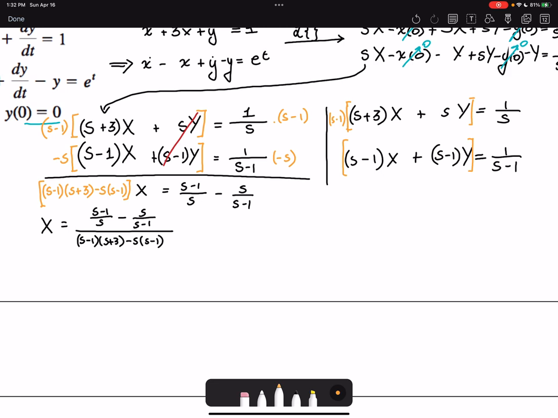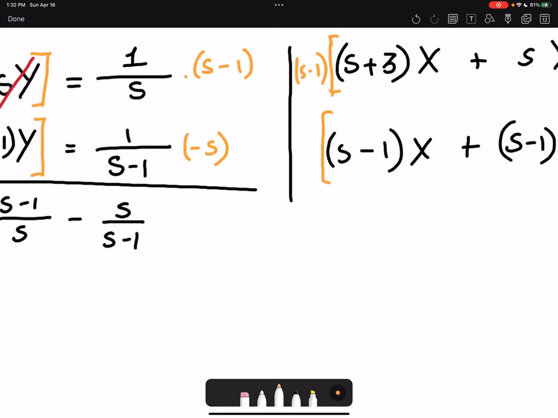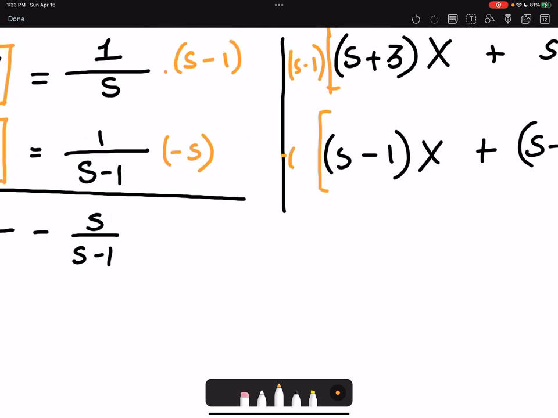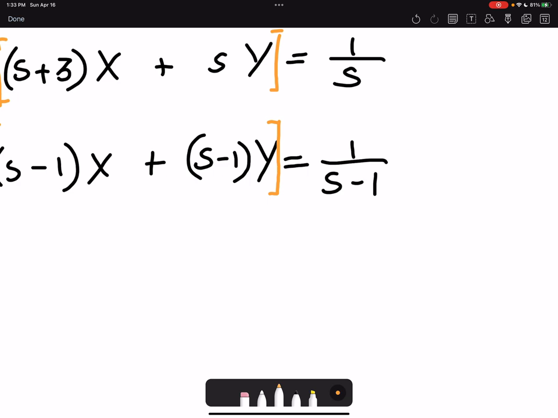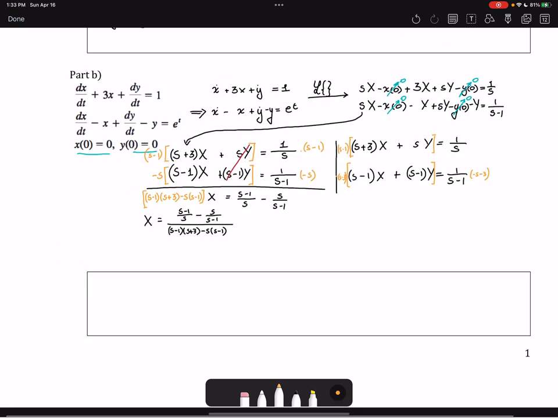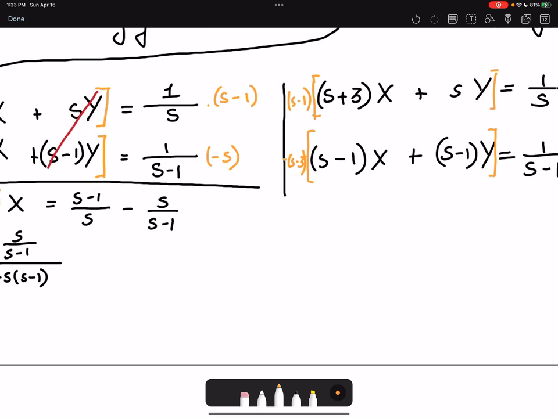Because I want to cancel the X, so I want to multiply by negative s minus 3. So here, minus s minus 3. Not minus 1, minus 3. And here, times minus s minus 3, which is the same thing as negative s plus 3.